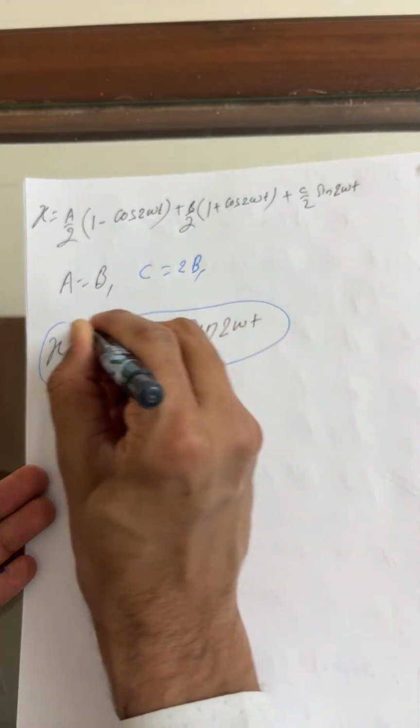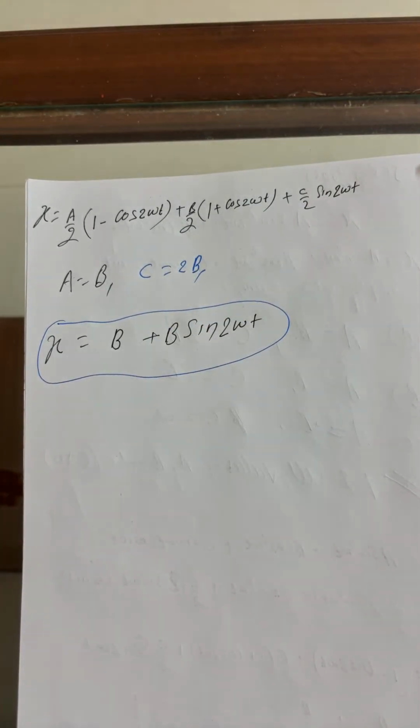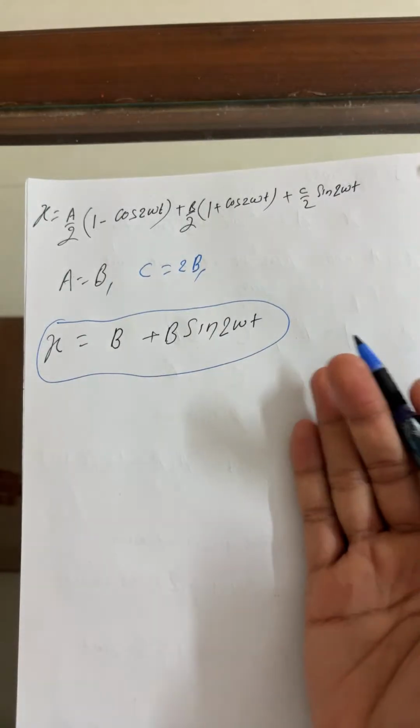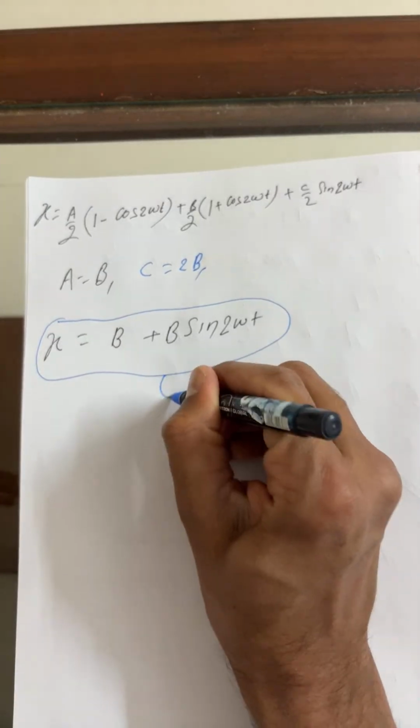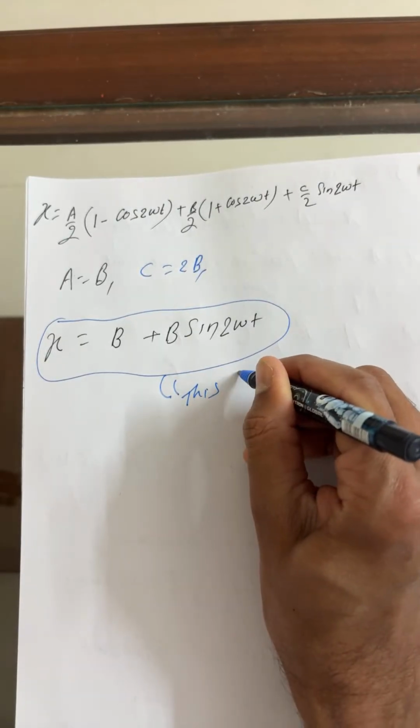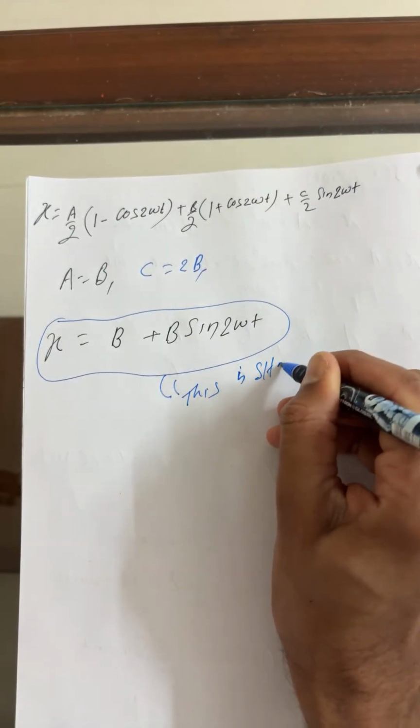X is what? B plus B sine 2 omega t, right? Okay. So again you can say this is also an equation of SHM: something constant plus something. So again you can say this also belongs to the equation of SHM.